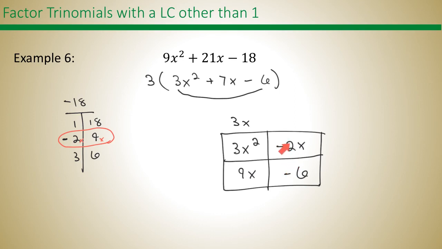The closest box is negative, so that's going to be negative 2. For these two, they both have x, so put x there. And then for these two, they can both be divided by 3. And I'm going to put a plus sign there. So that leaves us with 3x minus 2 and x plus 3.